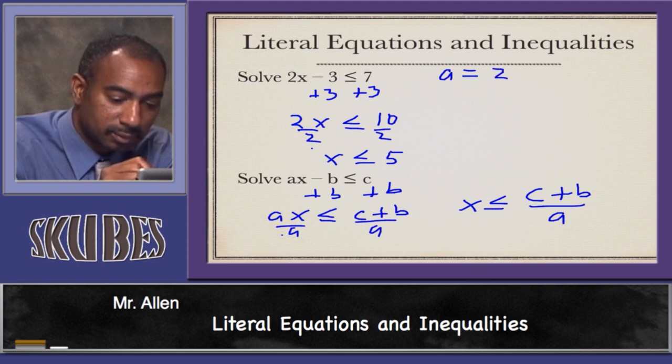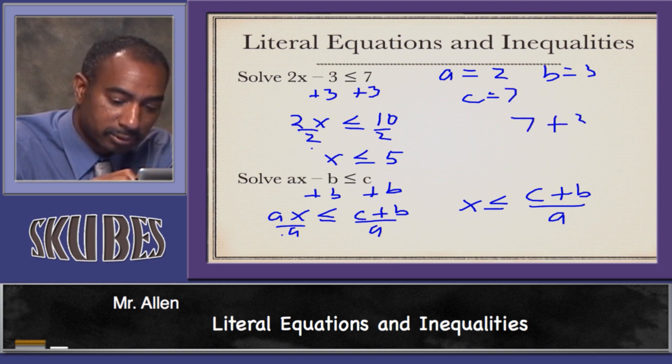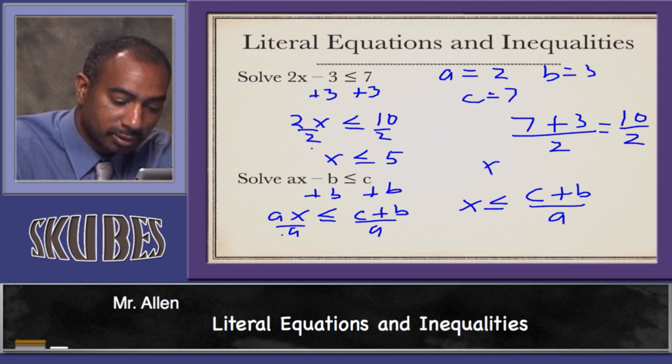A is 2, b is 3, and c is 7. You can say 7 plus 3 over 2, which is 10 over 2, which gives you the same result.